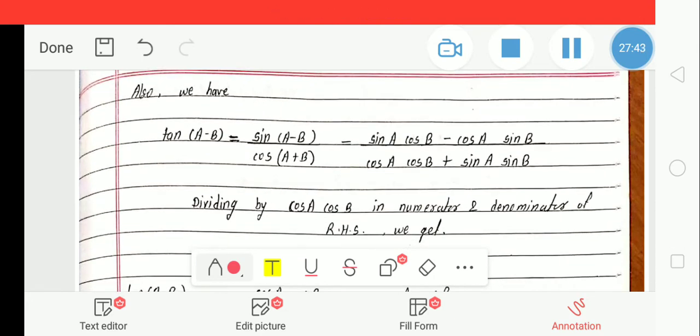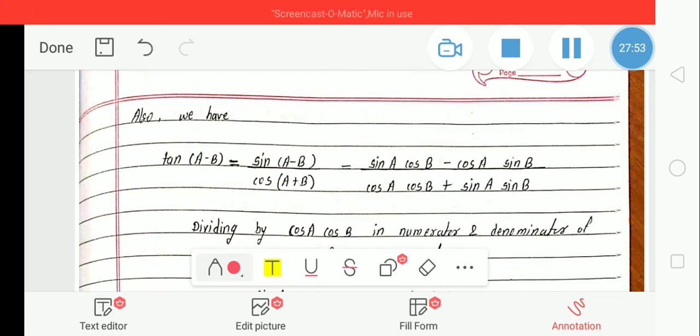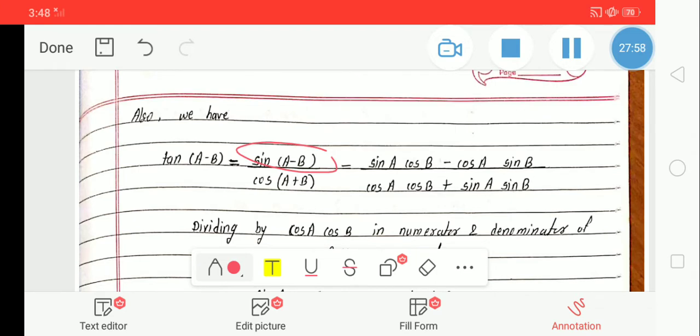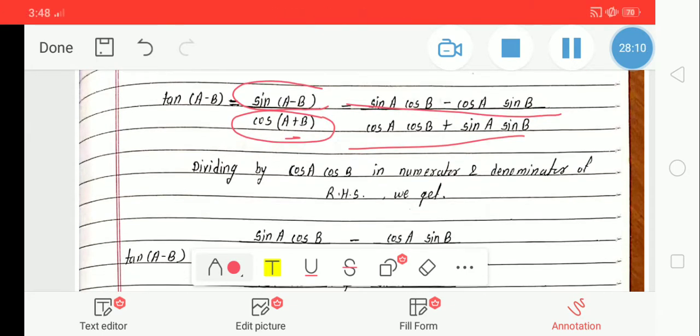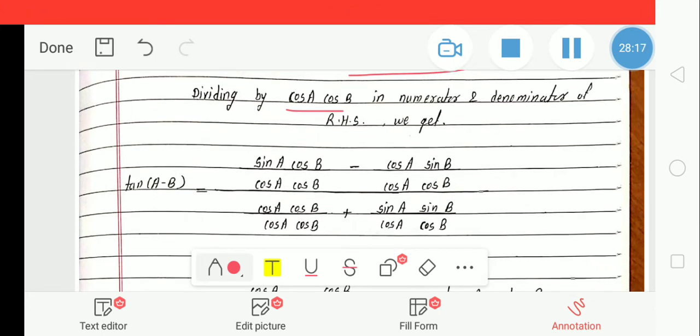We have tan of a minus b as sin of a minus b over cos of a plus b, which is equal to, we know the value of this, here a minus sign, just a mistake. So we know the value of sin of a minus b and cos of a minus b, so we put this value here, and again multiply and divide by cos a cos b in numerator and denominator, giving this.